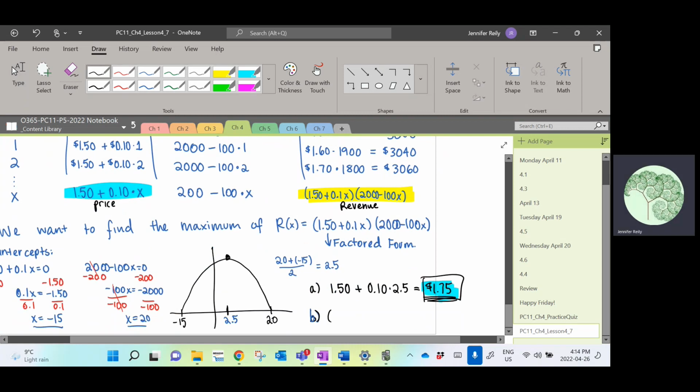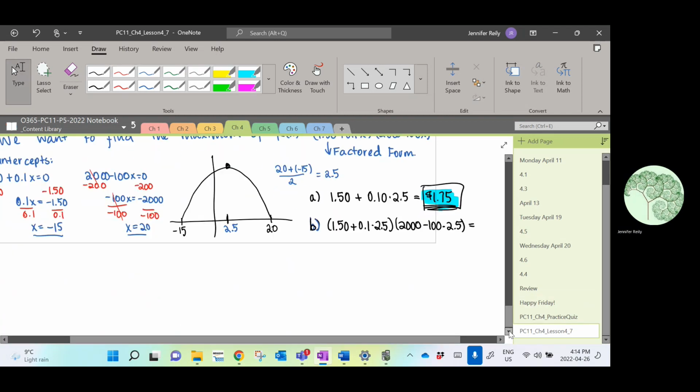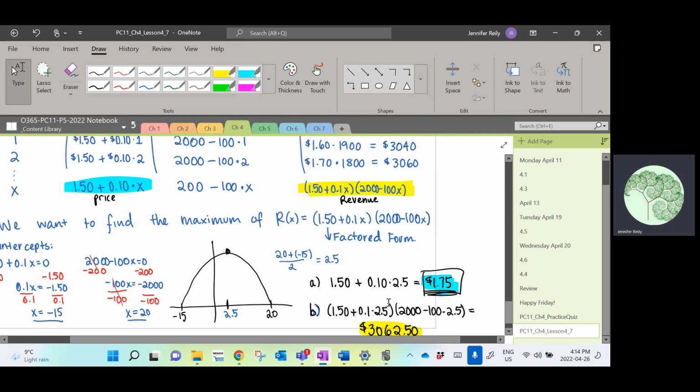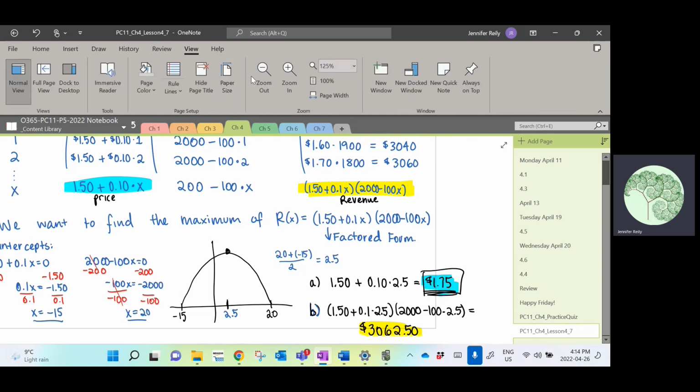So I'm going to use my 2.5 that I found, plug it in, 2,000 minus 100 times 2.5, and I get a maximum revenue of $3,062.50. That is my maximum revenue. So every week, if I set my tacos to $1.75, I'm going to earn $3,062.50, and that's the best possible way I can do it.